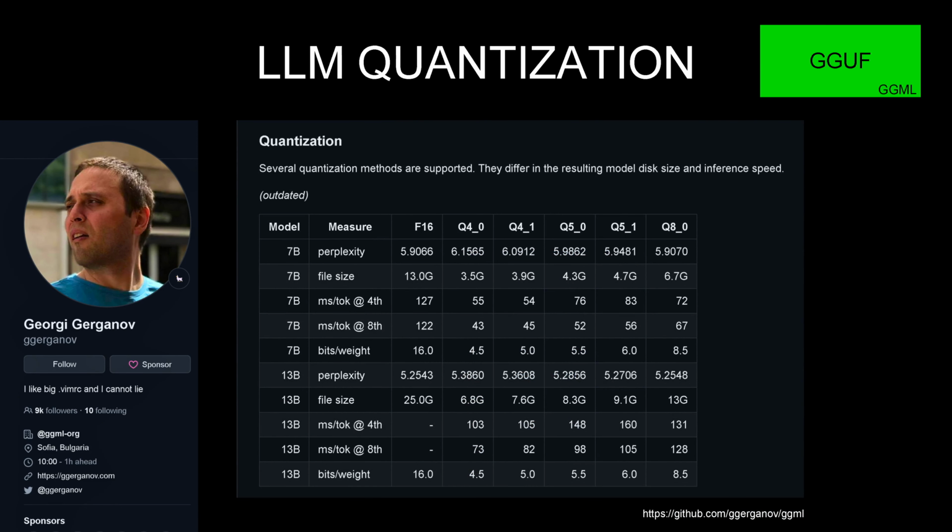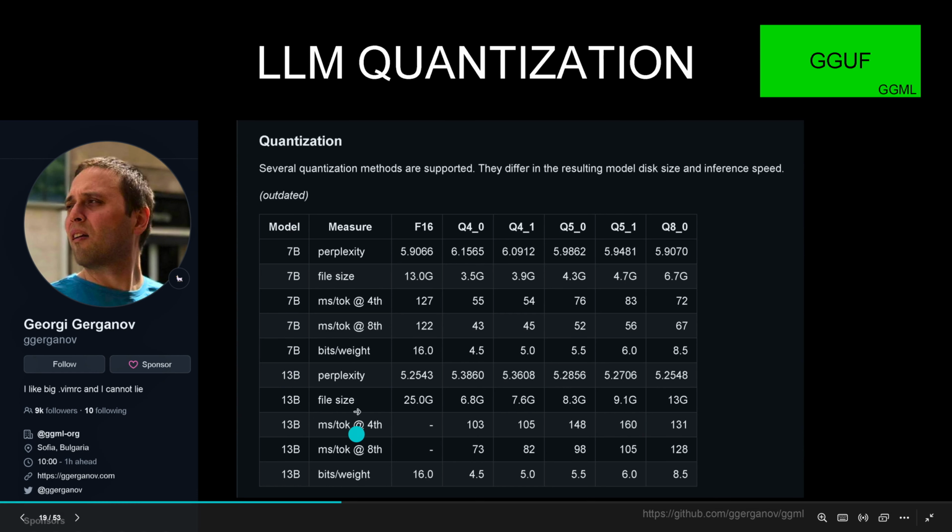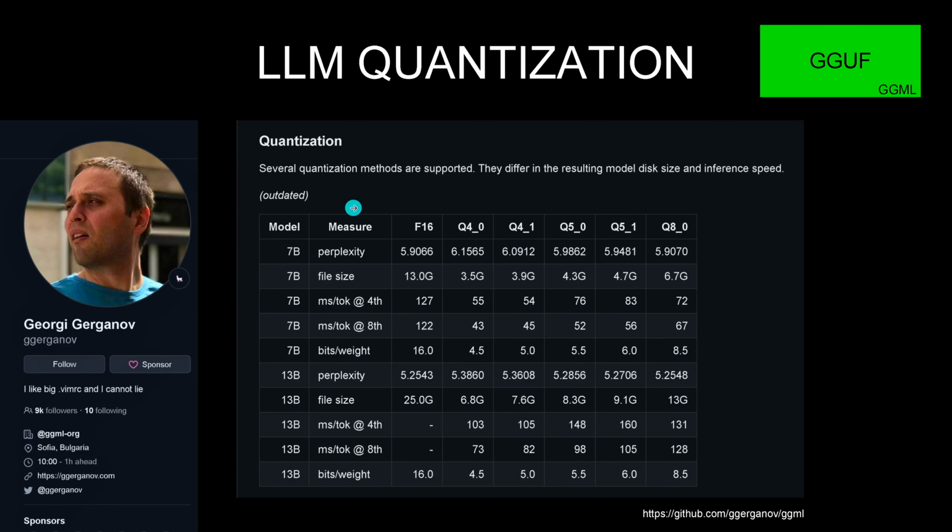Now, interestingly, as I told you, with GPTQ we have a very specific post-training model quantization. Here we also have a quantization, but a different quantization. So you see the different models, and you see a metric for the quality.